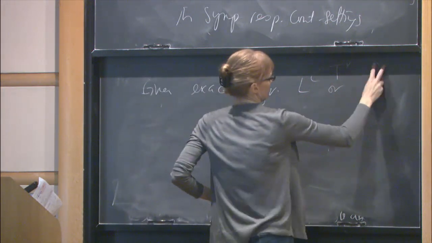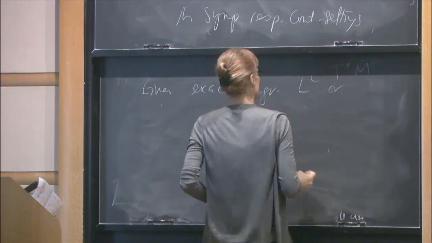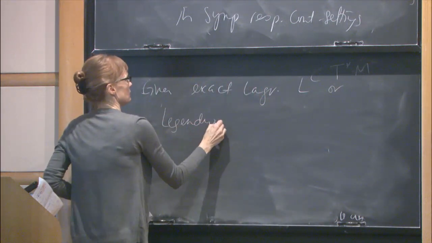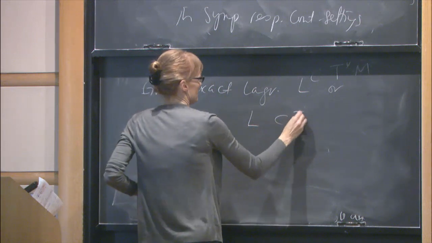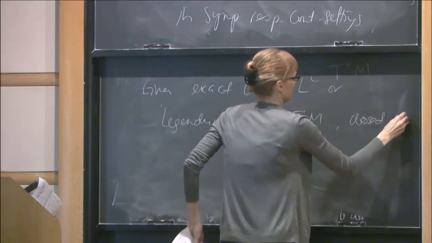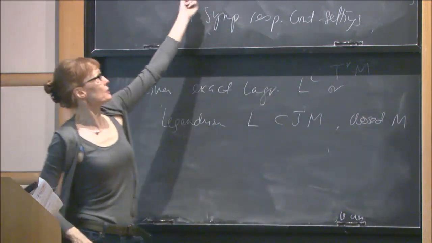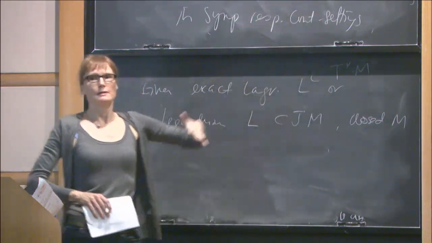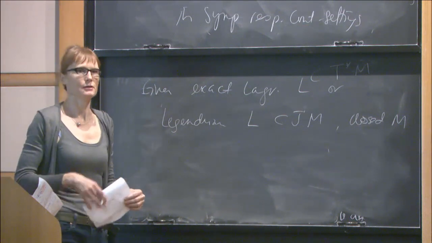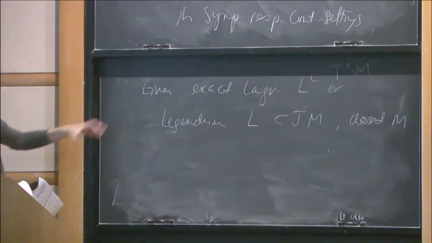Let's say I'll just actually say T star M, or a Legendrian L contained in J1 of M, some closed M. And you should be thinking of them as being either S2n or S2n cross S1. Since we're dealing with compactly supported compactomorphisms, we first go through a compactification procedure before we get to this stage.